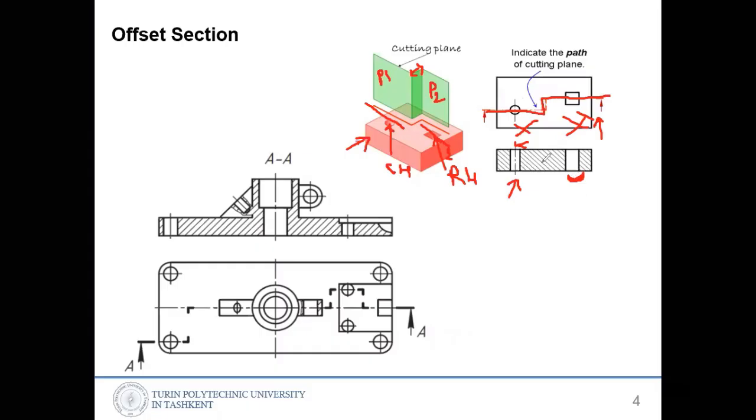All other things are hatched. Unhatched places are empty places, where nothing is touching the cutting, sectioning plane. The things touching the plane here and here are hatched like this, filled with hatching lines or section lines.